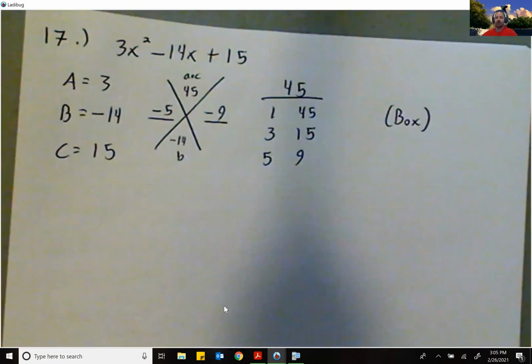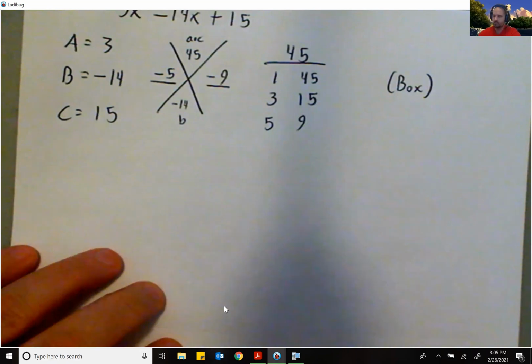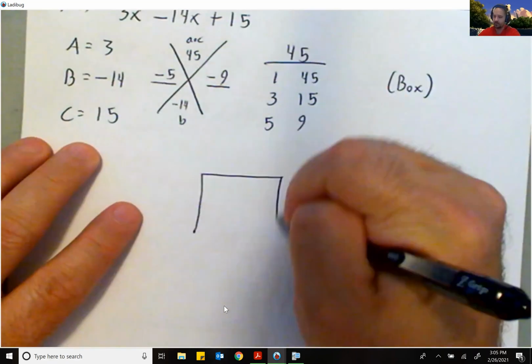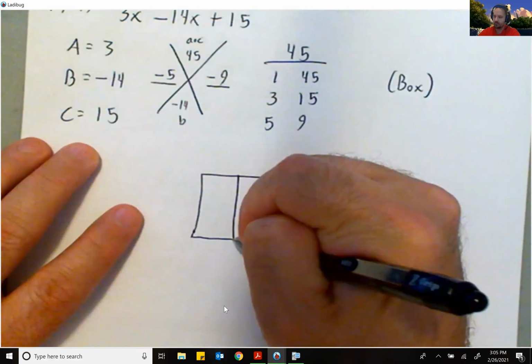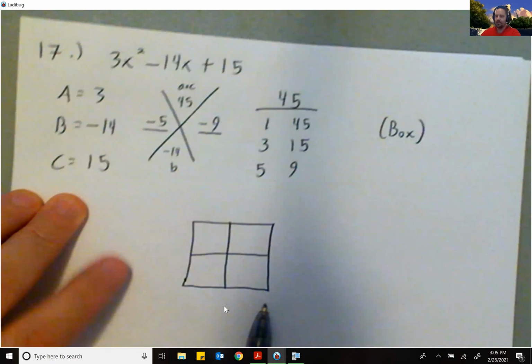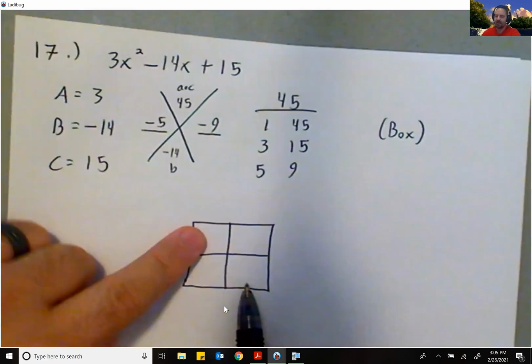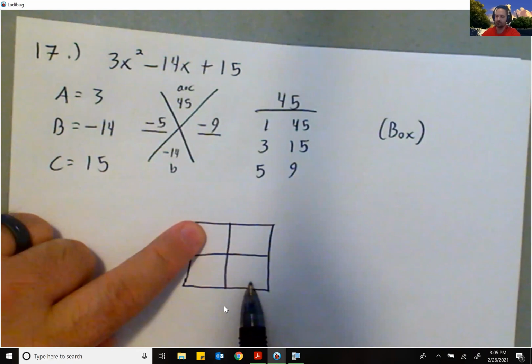This is the box method. So here's where the box method differs from everybody. You're going to draw a Punnett square or a box. The beginning and the end go in the top left and bottom right.